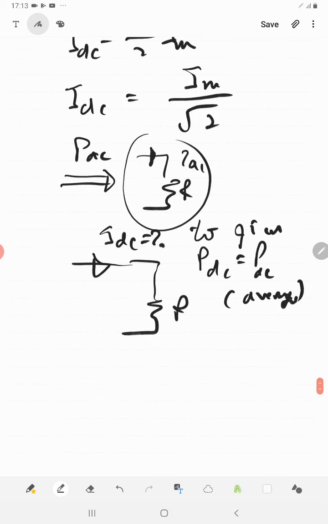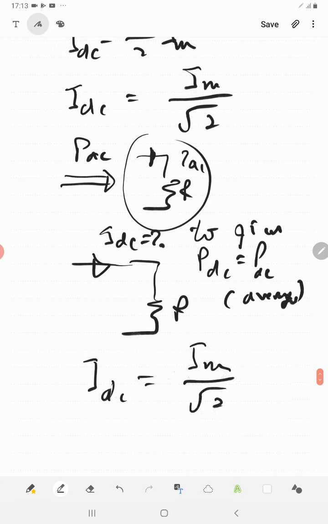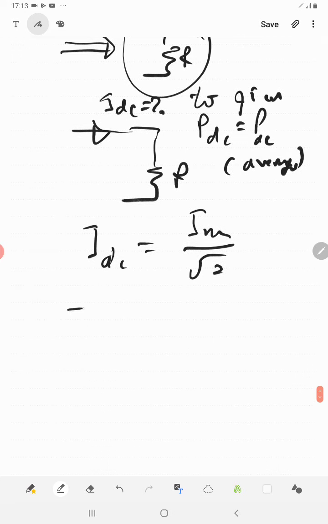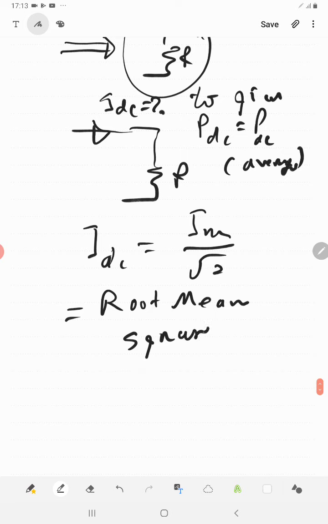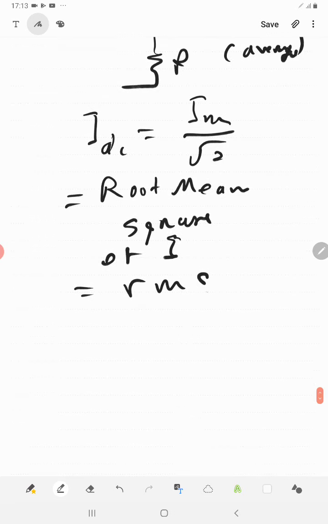So if we have an AC circuit, what is the value of the DC current that would give you the same average power as the AC? So I DC in this case is I maximum over root 2. This is named the root mean square of I, or RMS. So I DC is equal to I RMS, which is the I effective.